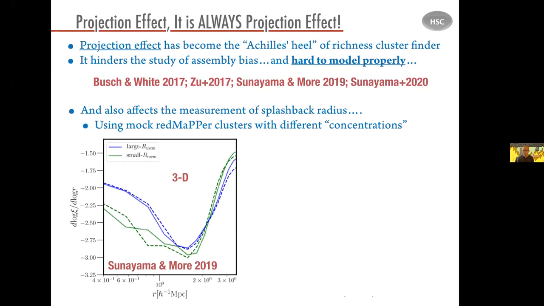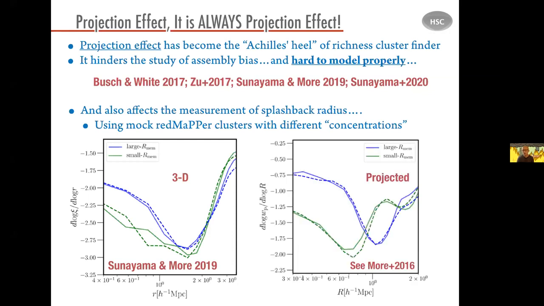So for example, using a mock RedMapper cluster catalog with different concentrations of member galaxies, in the 3D density profile, you can see that these two subsamples of clusters, at the same cell mass, basically have the same 3D splashback radii. However, when projecting in 2D, you clearly see a difference, which is completely due to the projection effect.